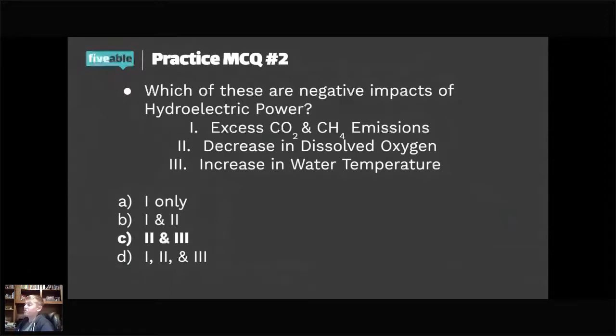But yeah, so 2 of you chose B, which I'm assuming is Dakota and Hannah. So why did you choose B? So you thought that there was CO2, and CO2 is carbon dioxide and CH4 is methane emissions, which come with fossil fuels.